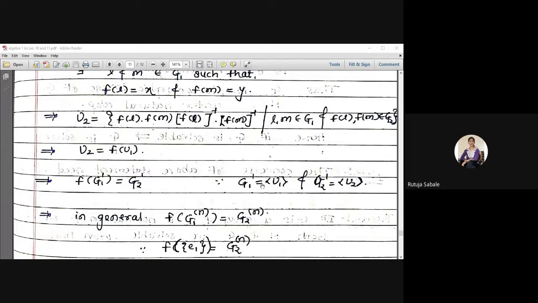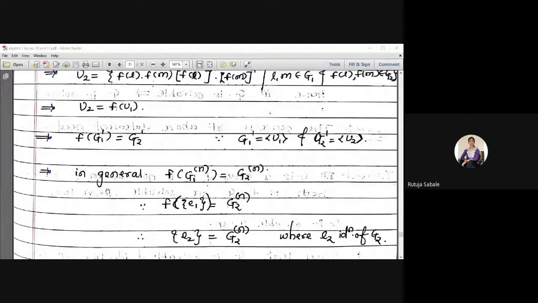The derived subgroup of G1 is generated by this subset U1, and G2 dash is generated by U2. Hence we can write, which implies that f of G1 dash is equal to G2 dash. What is generated by this U2? G2 dash, and f of G1 dash is generated by f of U1.